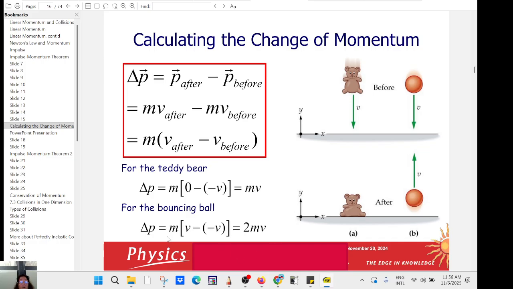The change in momentum will be equal to final minus initial, which is twice as much. Okay, so the change in momentum will be worse for this one than for that one. Because not only you need to stop, but you need to reverse the motion. So when two things collide, it's always worse for the one that is bouncing off.